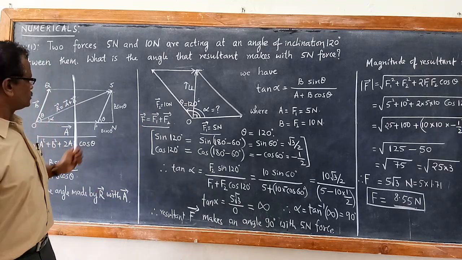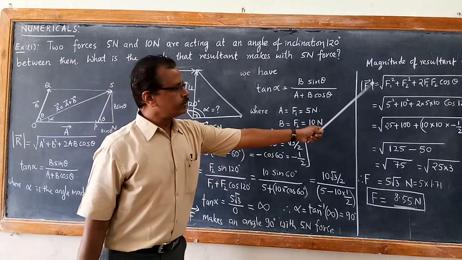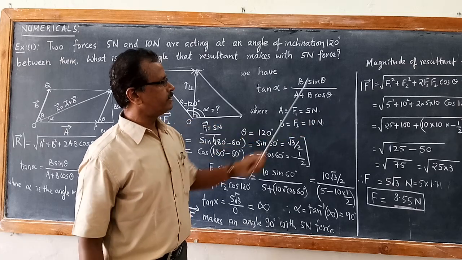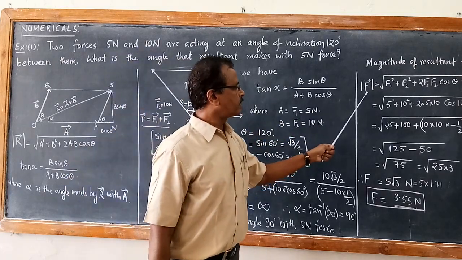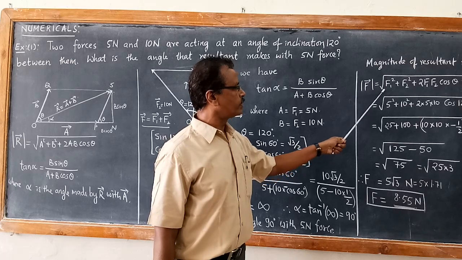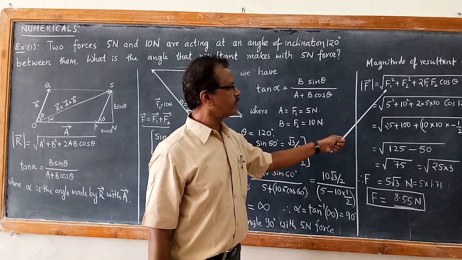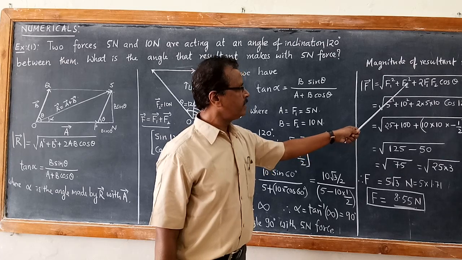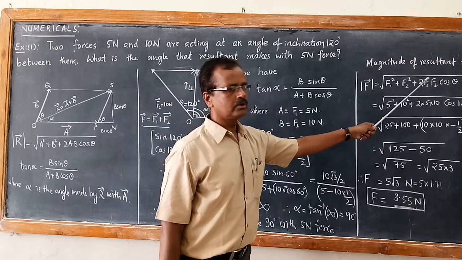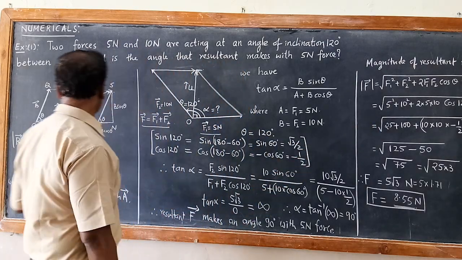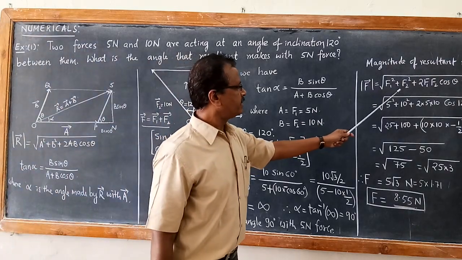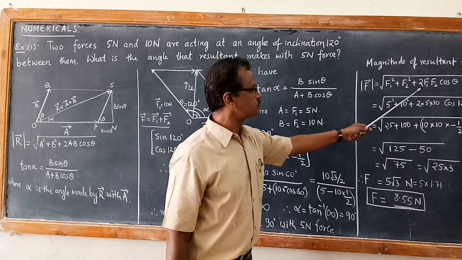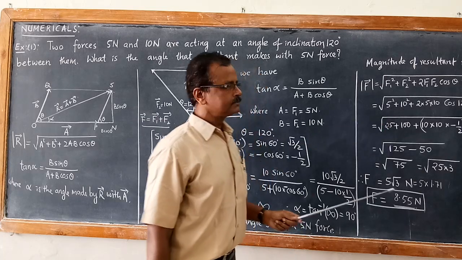Why? Because we have solved here. The magnitude of vector F, when they make an angle theta between them, is given by the magnitude of F equal to square root of F1 square plus F2 square plus 2 F1 F2 cos theta.